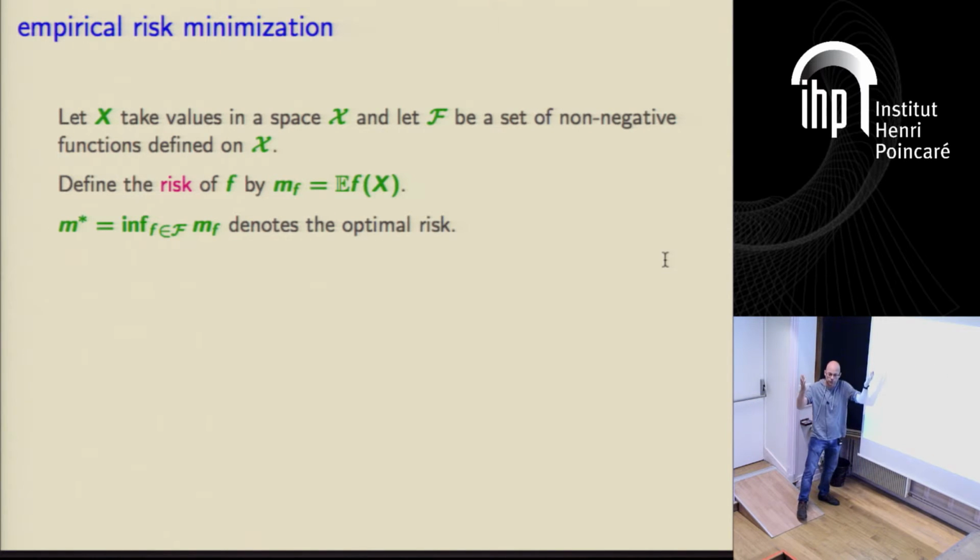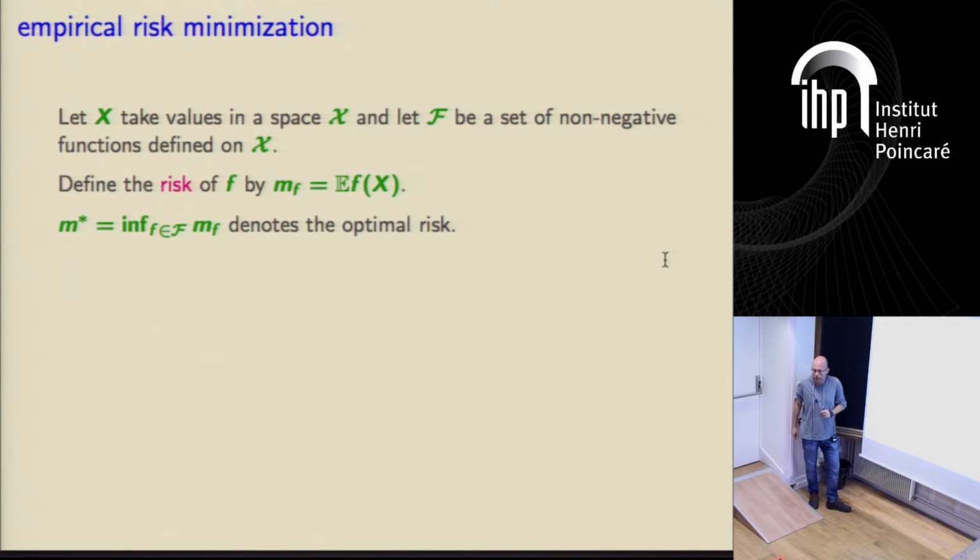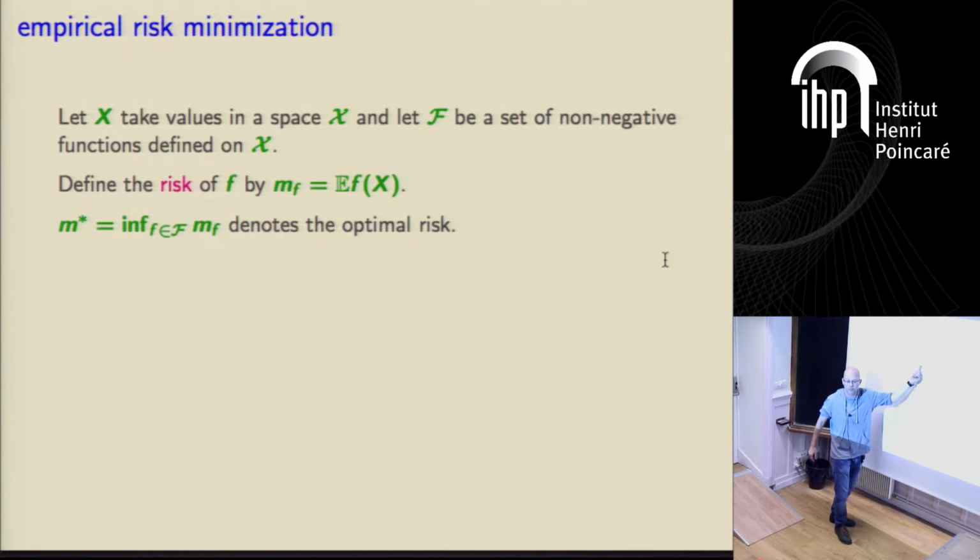These are loss functions, and we define the risk of each of these functions by the expected value of f of x. Ideally, we would like to find an f that minimizes this risk.